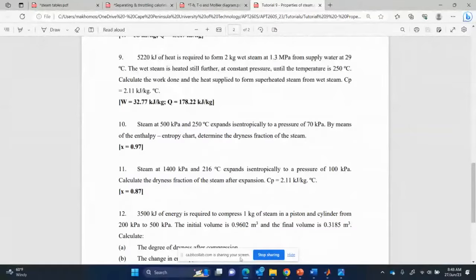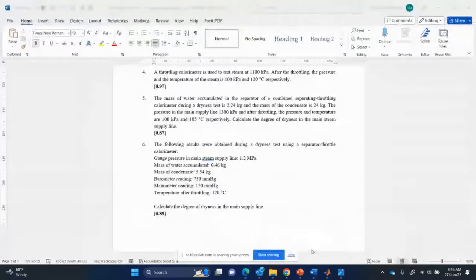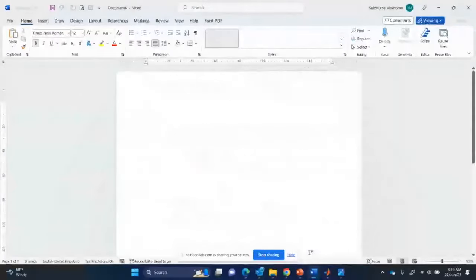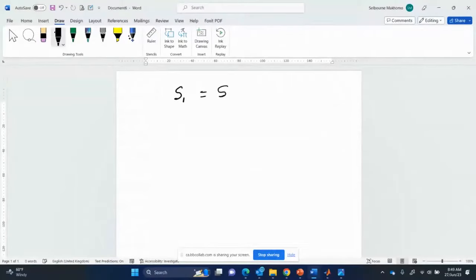So I'm going to open a new document here, Control N. Right. So we will say that entropy, S, before expansion is equal to entropy after expansion.